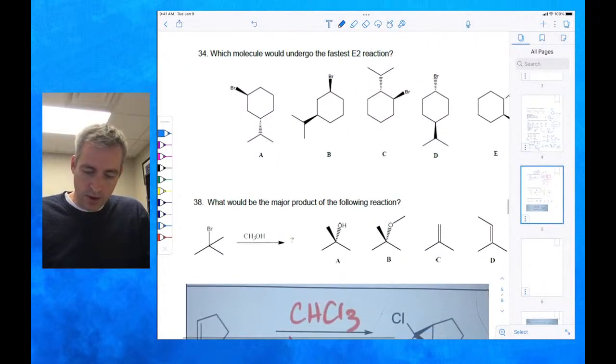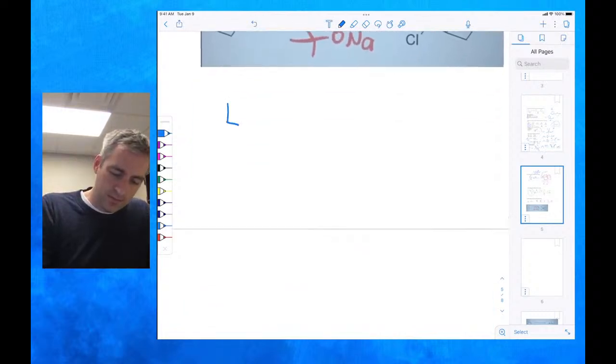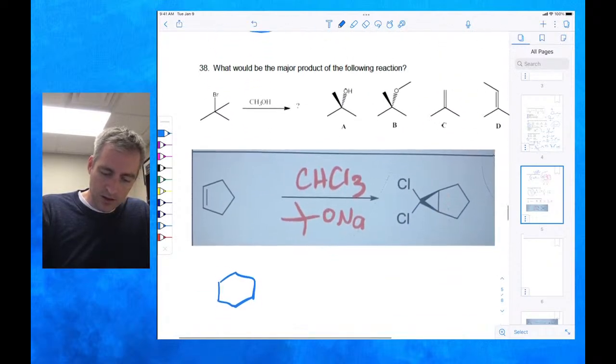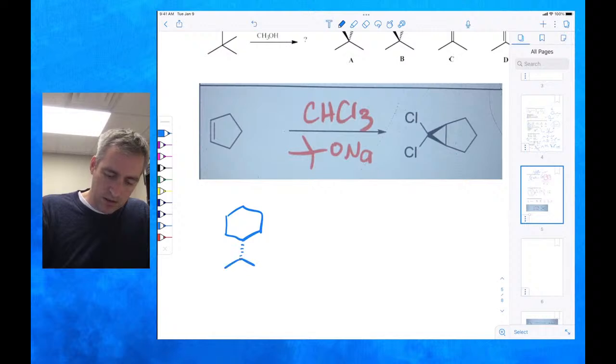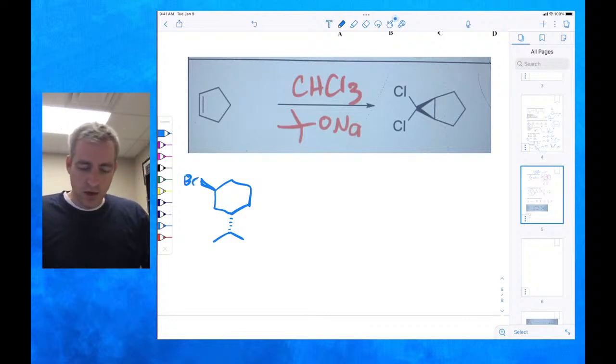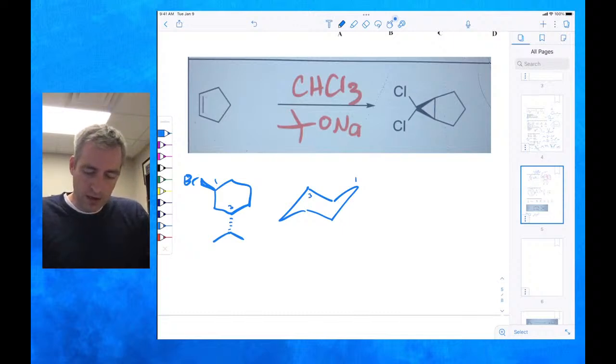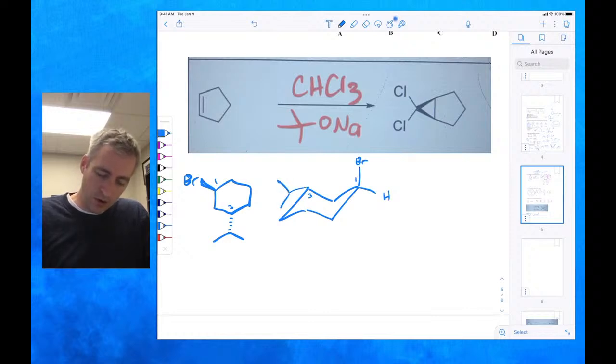Okay, so we're up here, we want to do A. A looks like this, and so if you draw a cyclohexane chair for this, and say this is carbon 1 and carbon 3, we see the bromine is up, and it's hydrogen down, and the down here is the isopropyl with the hydrogen up.